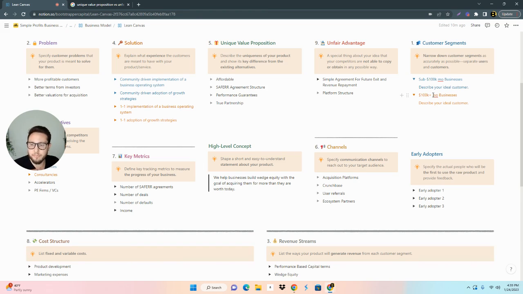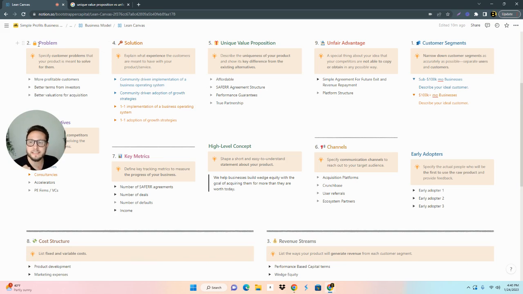In our actual handbook, in our actual operating system, we get super specific. So we say, as of this moment in time, USA or Canadian based. We go even deeper in terms of the number of folks on cap tables that we like to deal with. We go even deeper in terms of the niches and the verticals that we like to deal with. But for purposes of Lean Canvas, this is more than adequate for us, right? To just give you a sense of keep it simple.